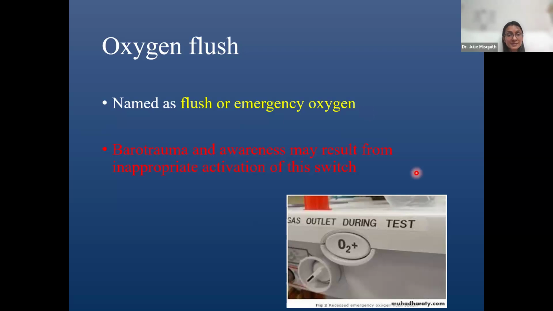To prevent accidental activation, these are usually placed, like you can see here, in a recessed setting and will deactivate as soon as the finger activating it is removed. But barotrauma and awareness may result from inappropriate activation of this switch, because it delivers a higher pressure of 50 psi to the patient directly, and it's a continuous flow. So you have to be aware that it should not be kept switched on.